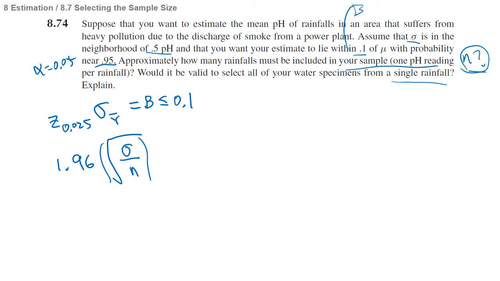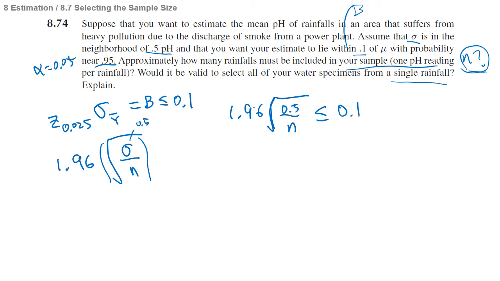Here sigma is in the neighborhood of 0.5, so sigma is 0.5, and n is what we need to calculate. So the equation becomes like this: 1.96 times 0.5 over the square root of n is less than or equal to 0.1.